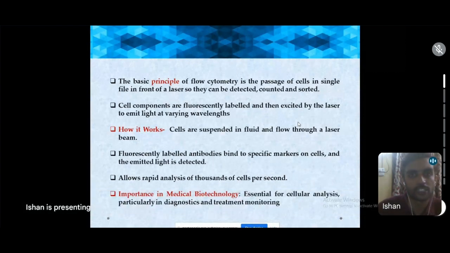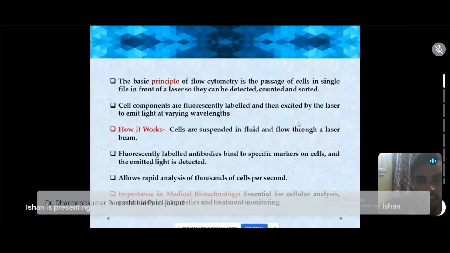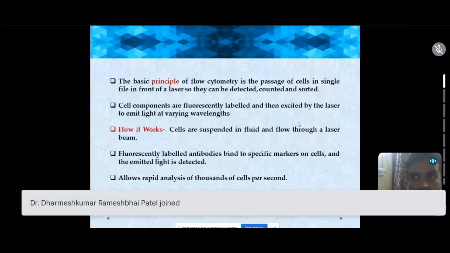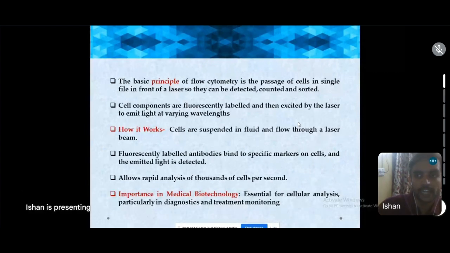In ELISA we are doing an antigen antibody reaction, and we check for the color, and here we are checking on the basis of light intensity and specific cellular populations, which kind of cells are there, which kind of markers are developing. What is the difference from histochemistry and cytochemistry? This is about the cell, so this is about cytoanalysis or cellular analysis.